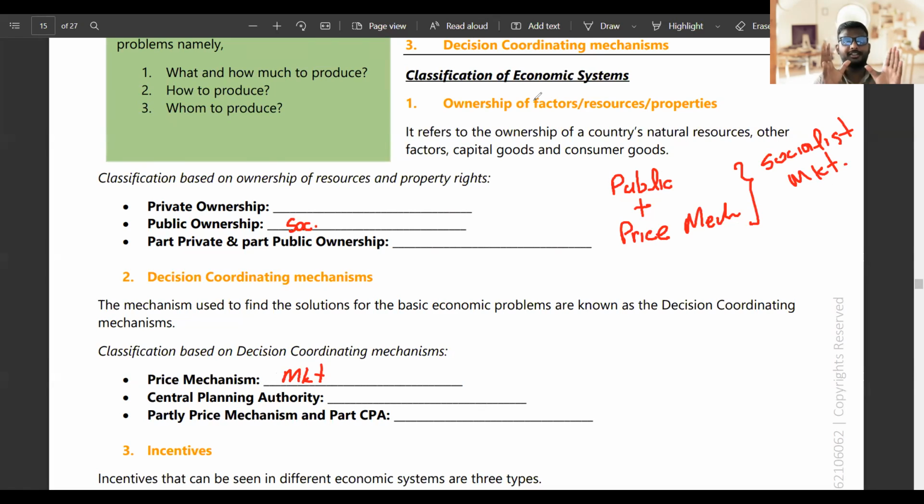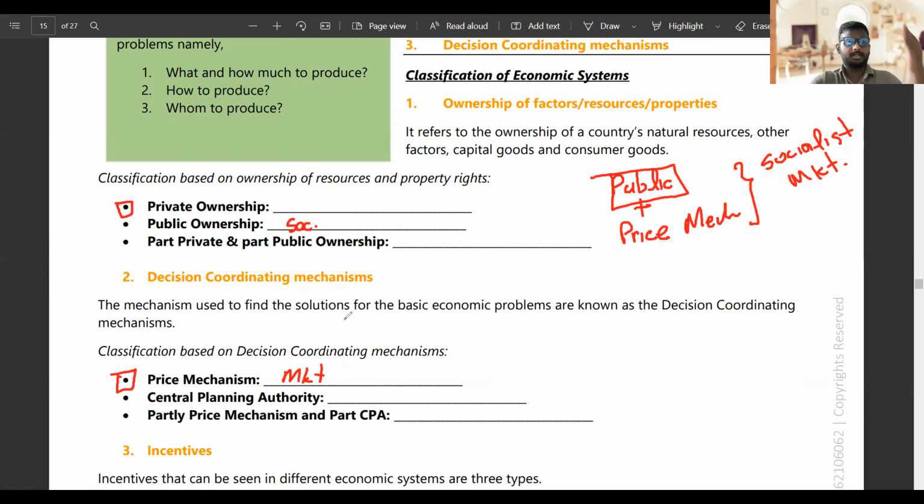Right? So you can see here, when we say socialist market economic system, you see public ownership and price mechanism. Public ownership along with price mechanism. But earlier we thought private ownership means always price mechanism. That's why we thought market and capitalist are the same, no?